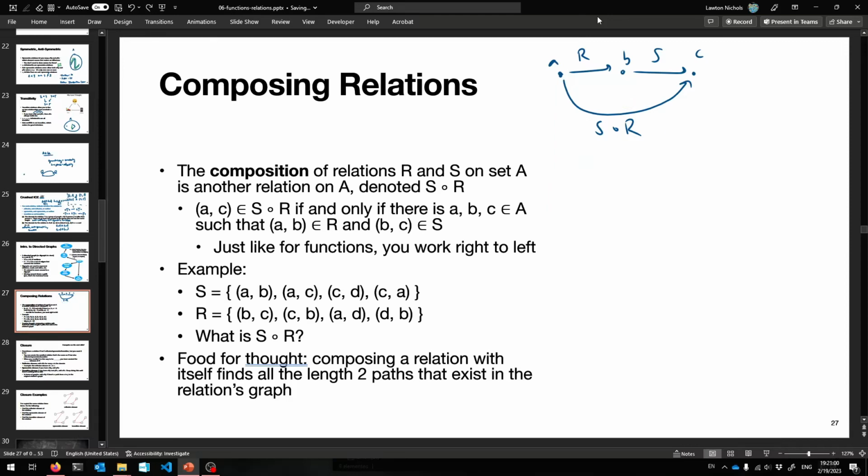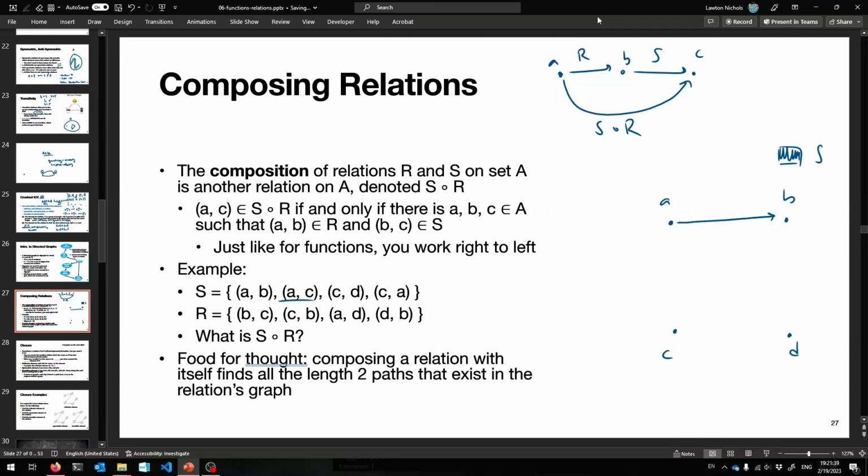Okay, so let me draw everything out. So let's say here's my relation. It's going to be A, B, C, and D. Those are the elements of the domains of each of these relations, S and R. And let me use blue to represent the relation S, and I'll use green to represent the relation R. So here's A, B, C, and D. Let's draw the relation S. So A is related to B, so source A, target B. There's an arrow in that direction.